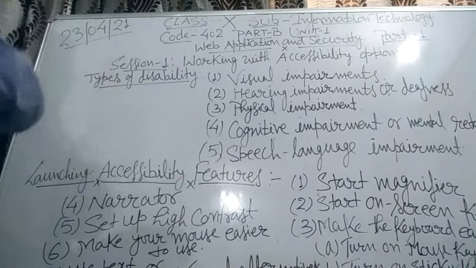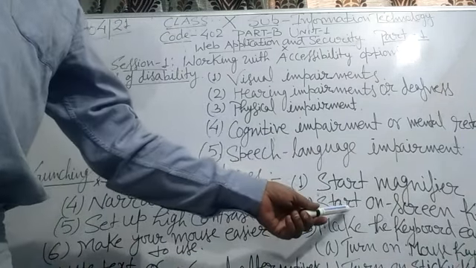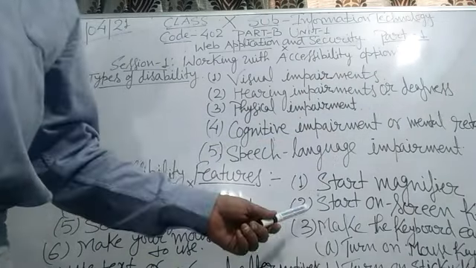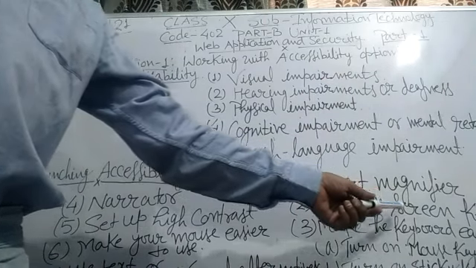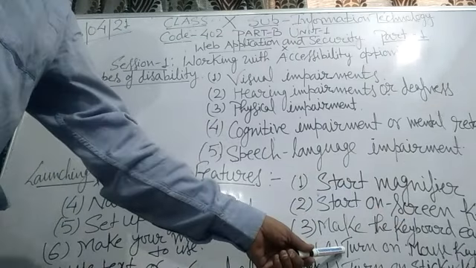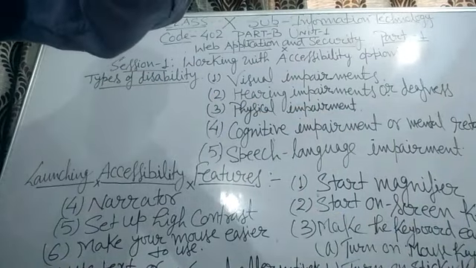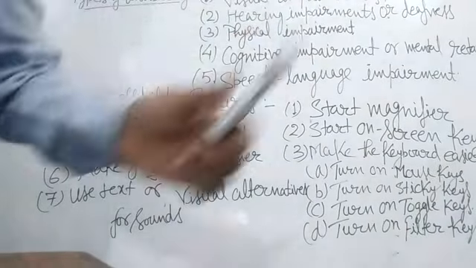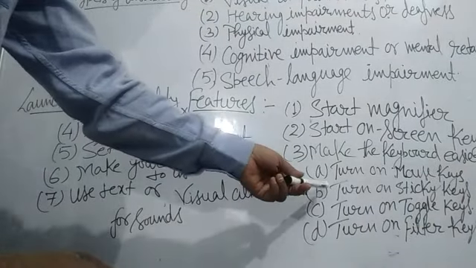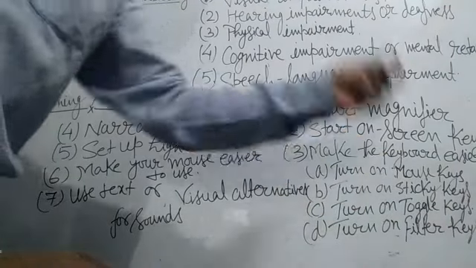Now we will discuss the launching accessibility features one by one. There are many parts: start Magnifier, second start On-Screen Keyboard, third make the keyboard easier to use and turn on Mouse Keys, turn on Sticky Keys, turn on Toggle Keys, turn on Filter Keys.